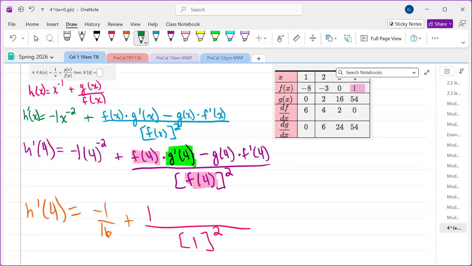G prime of 4, dg dx at 4 is a ridiculous 54. G of 4 is also 54. And then f prime of 4 is 0.